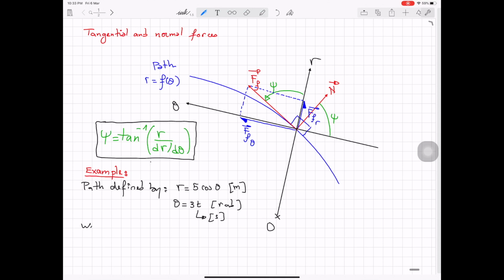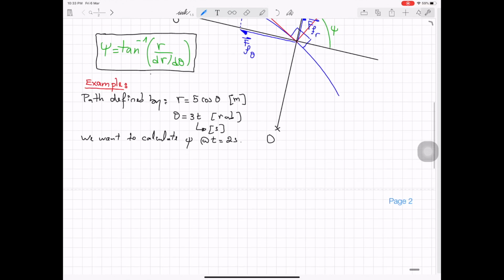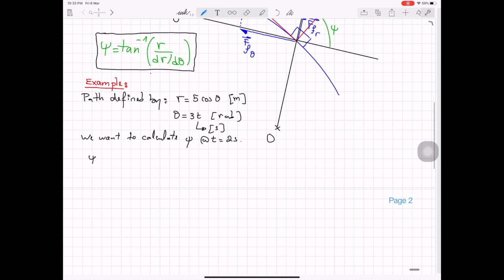And we want to calculate psi at time t equal to 2 seconds. Okay? So we know that psi is equal to the tan inverse of r divided by the derivative of r with respect to theta, at t equal to 2 seconds.